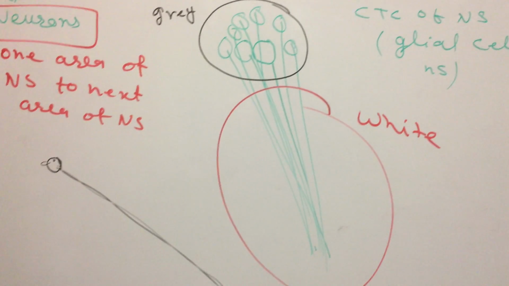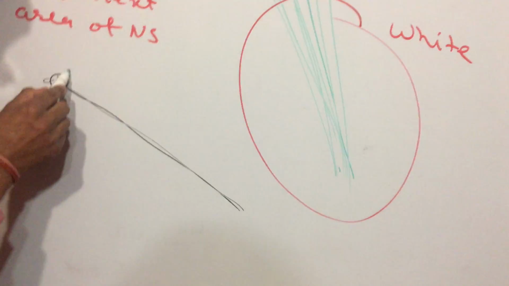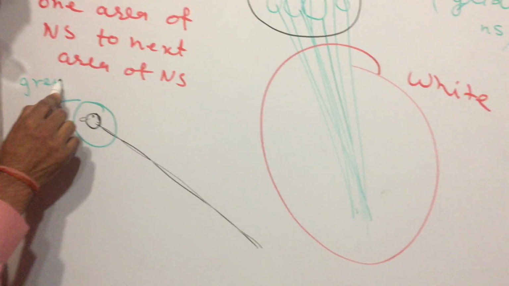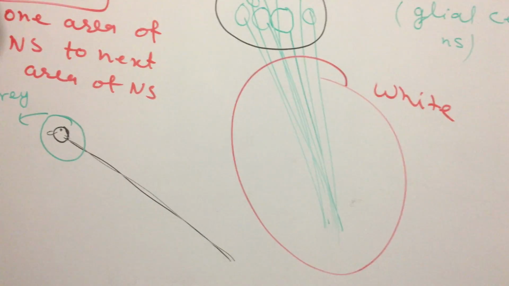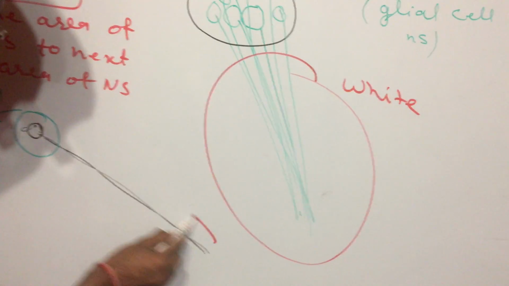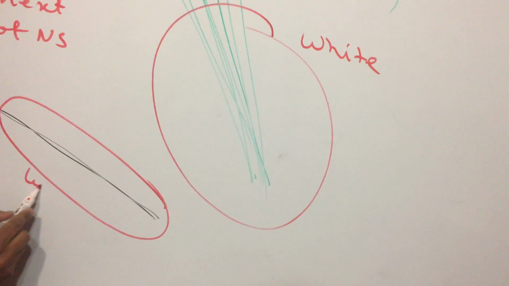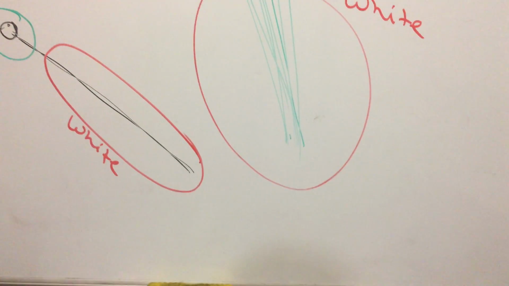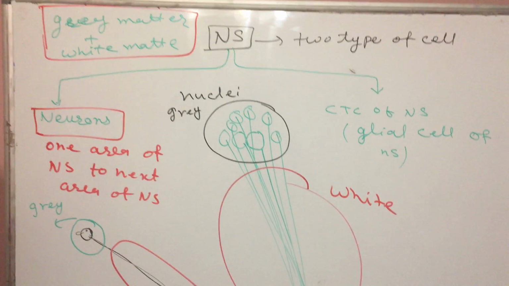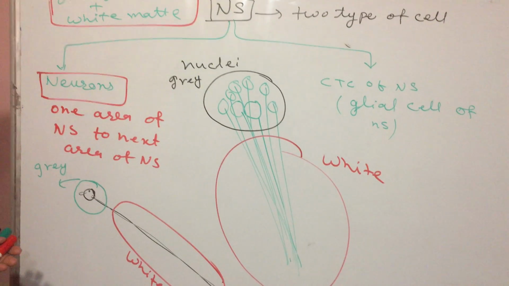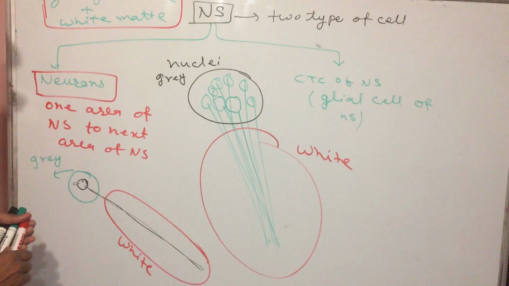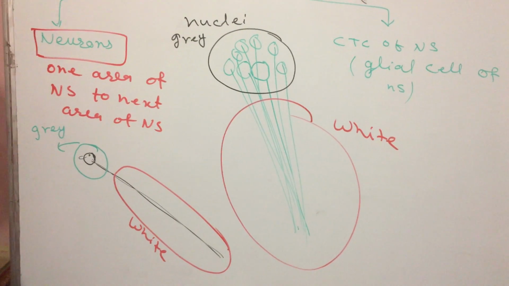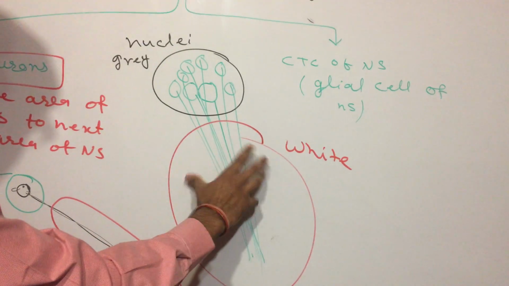Here the mouse's head is gray, and the mouse's tail is white. Okay, this is how to remember. A lot of cell bodies of neurons make the gray matter, and this is the white matter.